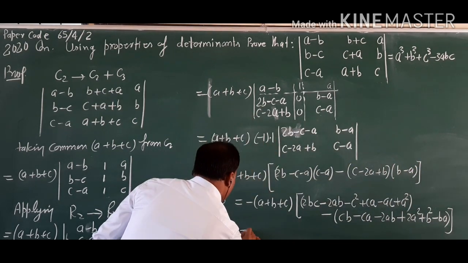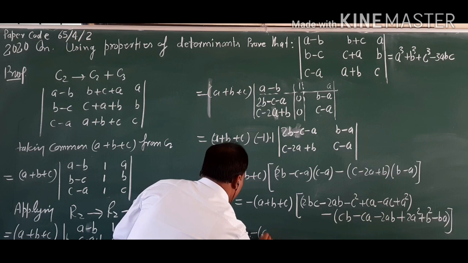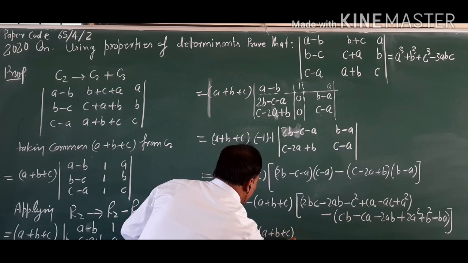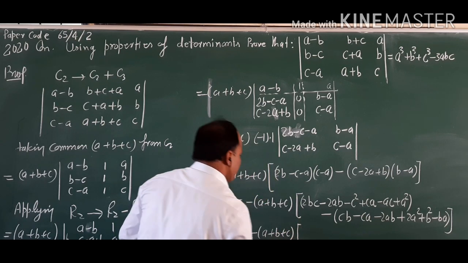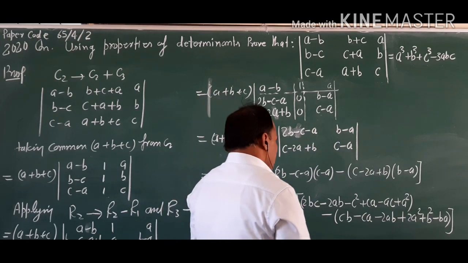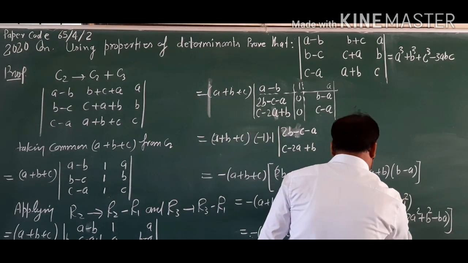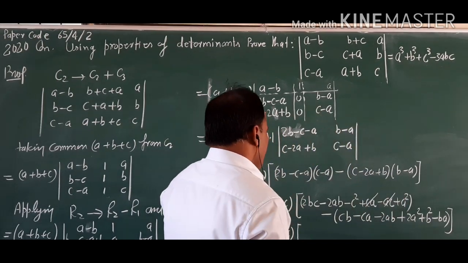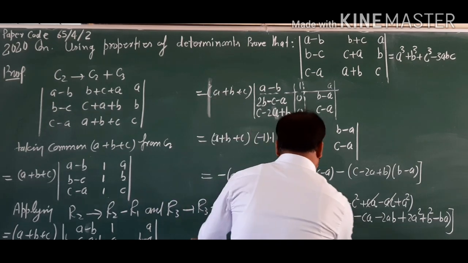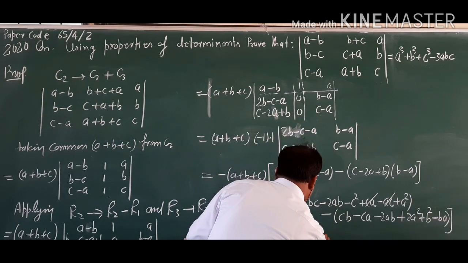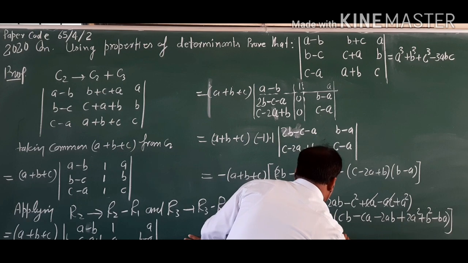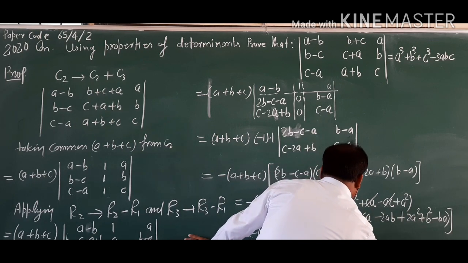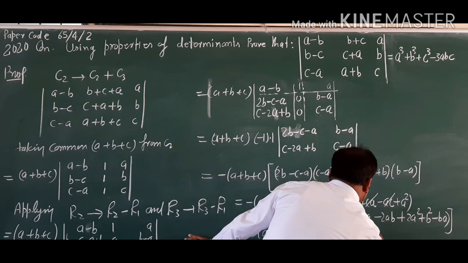Now see, we have minus a plus b plus c in bracket. This ac should be cancelled out with ac. In this bracket we have 2bc minus 2ab minus c square plus a square.